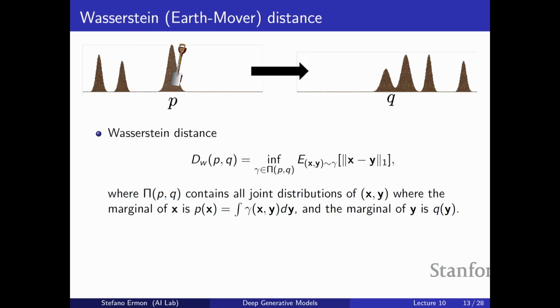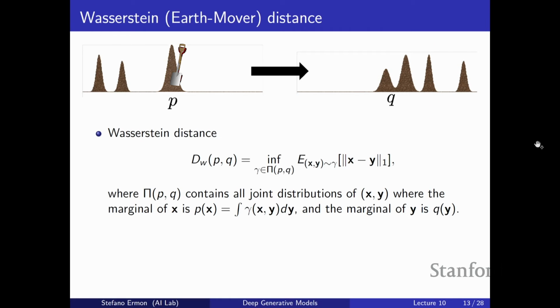And this infimum is over all joint probability distributions over X and Y. You can think of P as being defined over X and Q being defined over Y, let's say. And so you look at joint distributions over X and Y such that the marginal over X matches P and the marginal over Y matches Q.